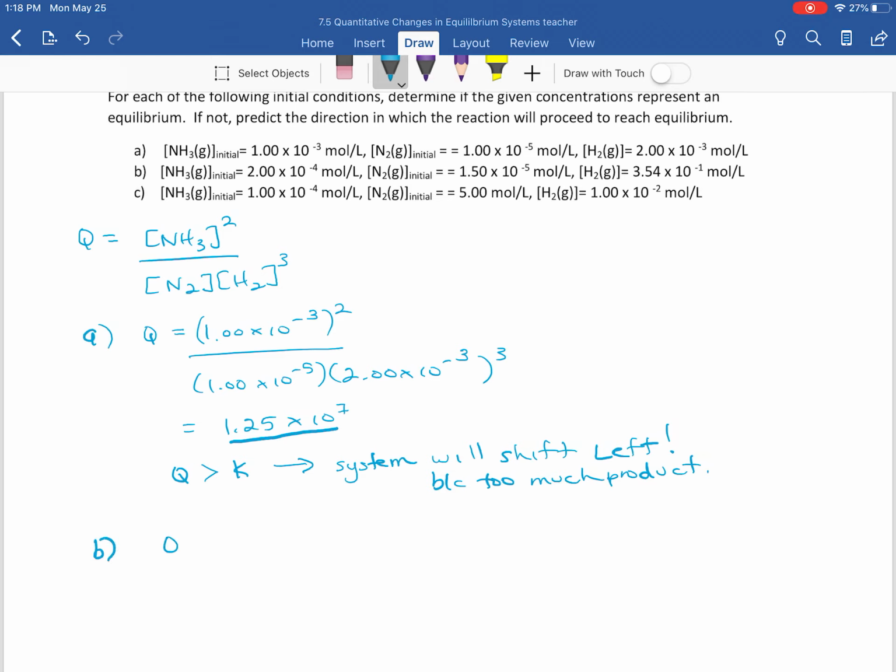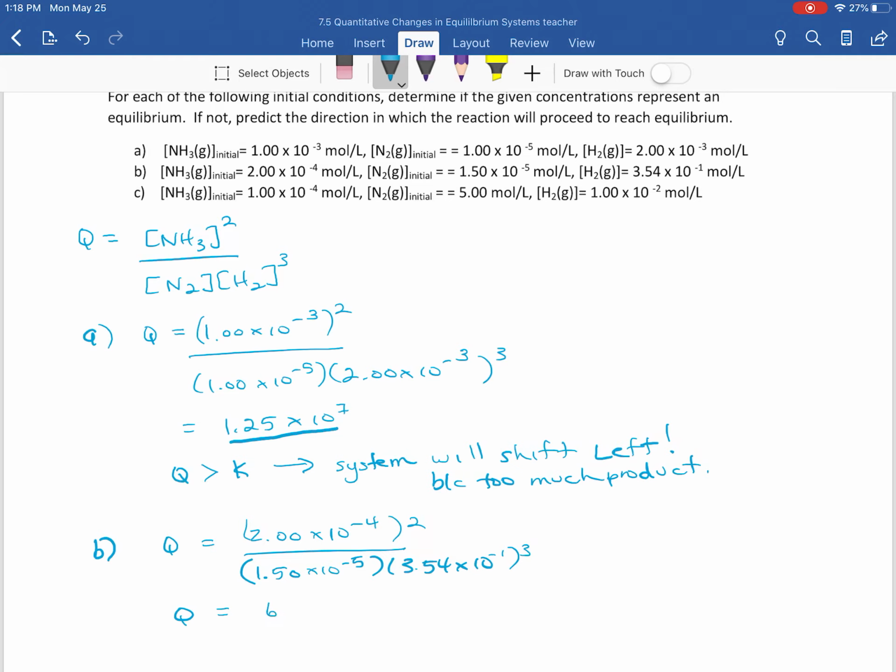For B, let's plug that stuff in. So 2 times 10 to the negative 4 squared all over the reactants.